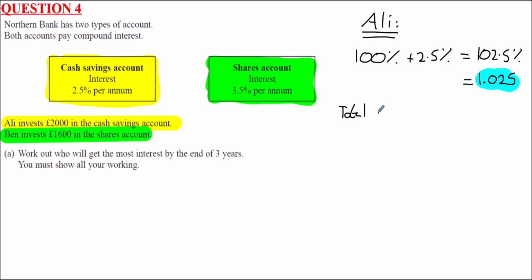So for Ali, total after 3 years will be what he puts in the account, so 2,000 multiplied by 1.025 to the power 3.